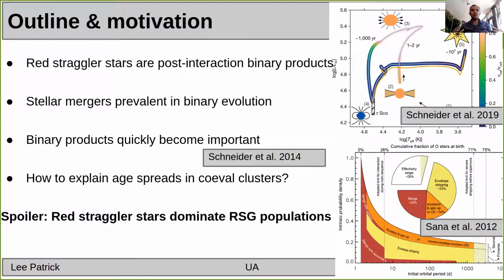Now, red straggler stars are binary post-interaction products that have previously undergone a stellar merger and that have since evolved to the red supergiant phase.